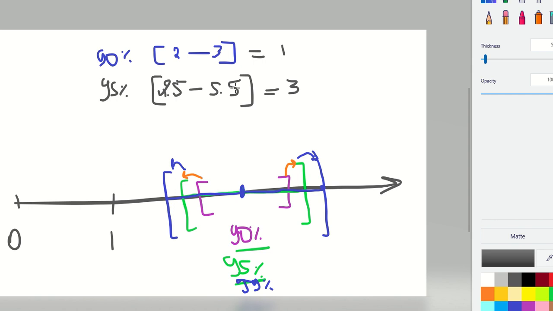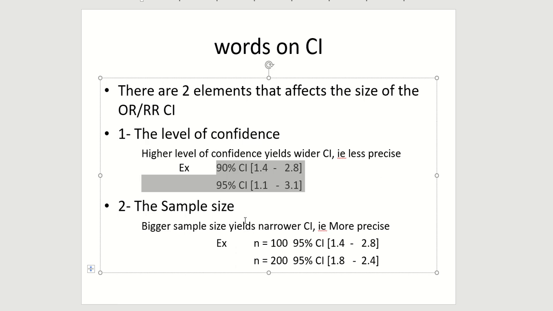So really the width did grow from here to here. However, what is wrong is that this 2 went up to 2.5, which as we just explained should not happen. The 2 should go down. It cannot go up. So the limits of an interval, as you're going from 90 to 95 to 99, have to move in opposite directions. Okay, so that's what I was trying to explain.